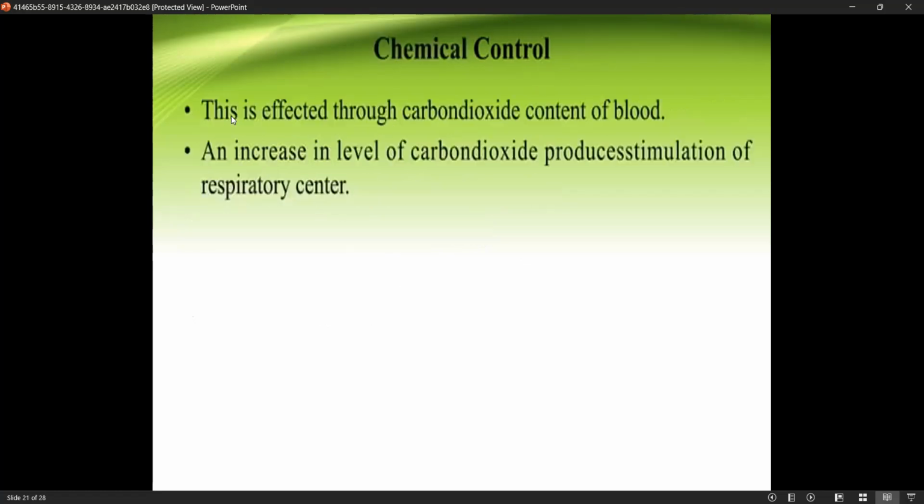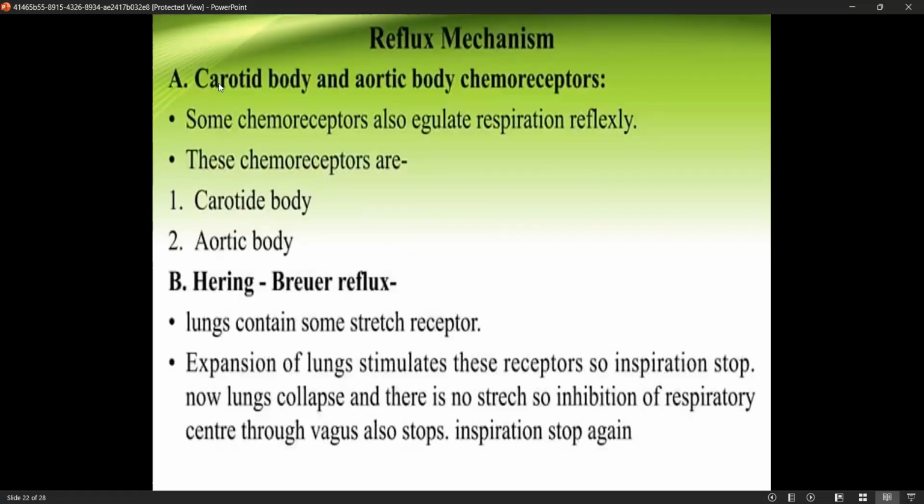Next, the chemical control. This is affected through the carbon dioxide content of blood. An increase in the level of carbon dioxide produces stimulation of the respiratory center. Okay, so the respiratory center is stimulated, and it helps in the removal of carbon dioxide from the blood.